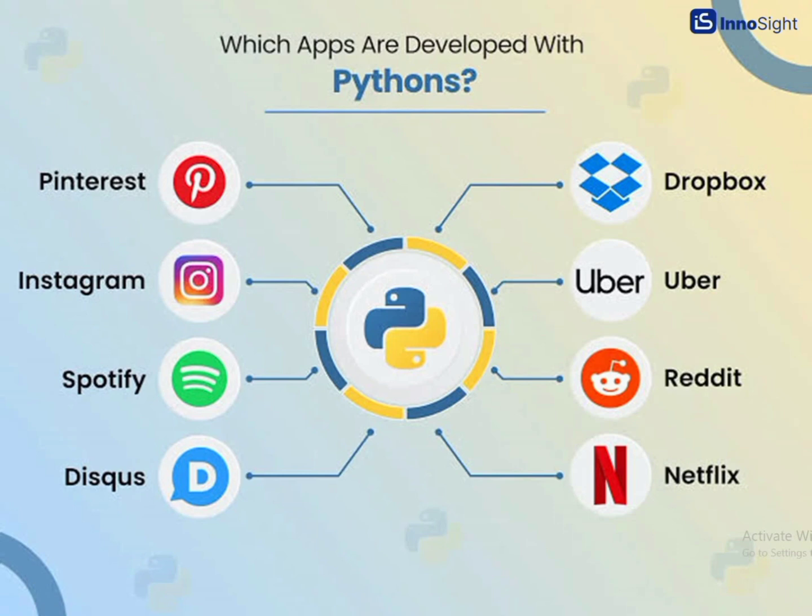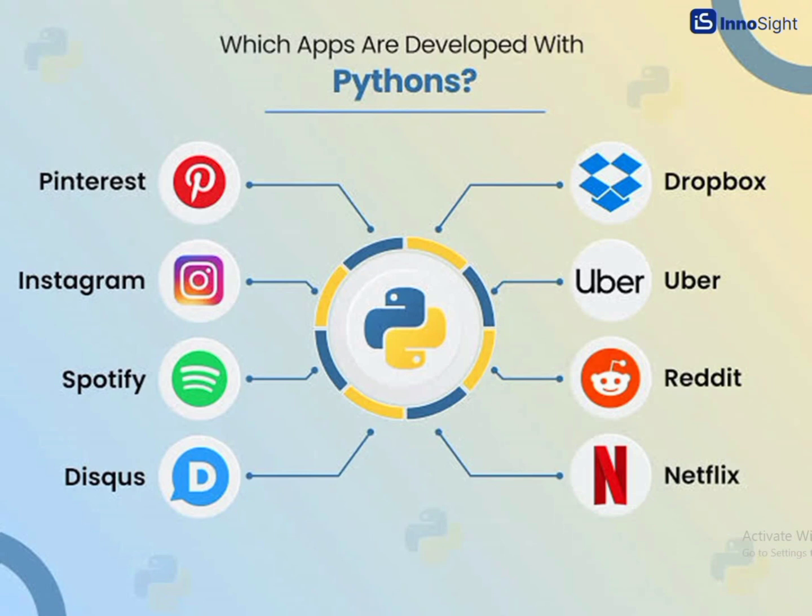Reddit is even one of the places you are going to find answers to things when you are having problems with Python, because they used to post a lot of issues and their solutions there. Then Netflix, for those of us that used to watch Netflix, Netflix was developed using Python. So that means Netflix is using Python a lot.